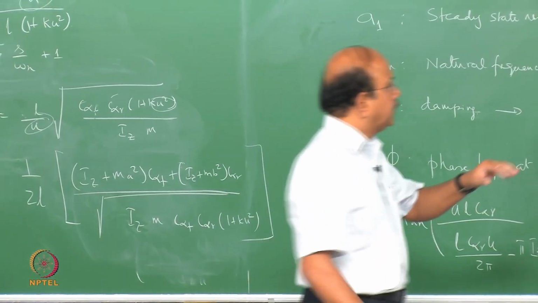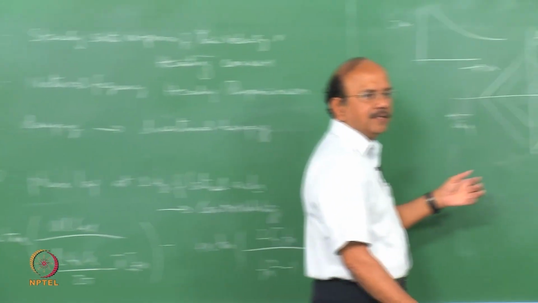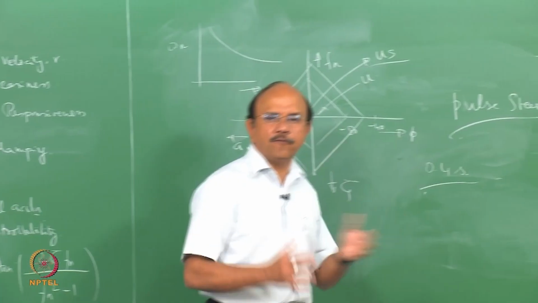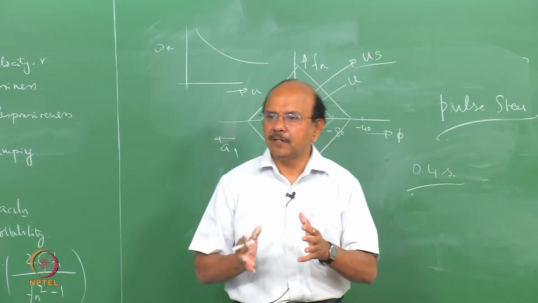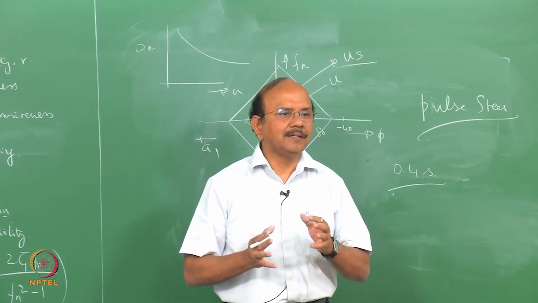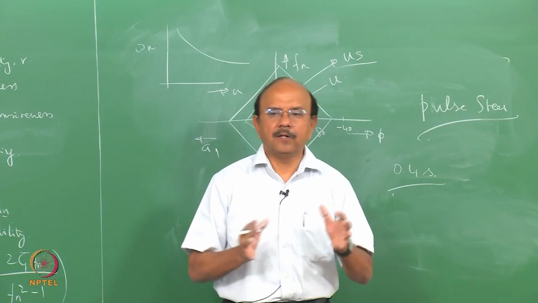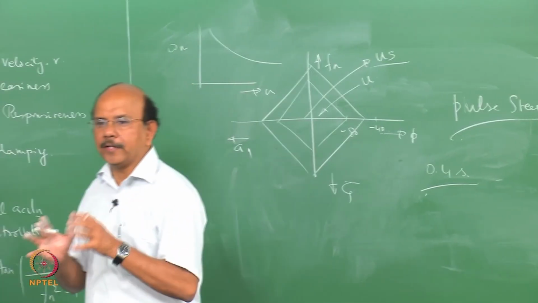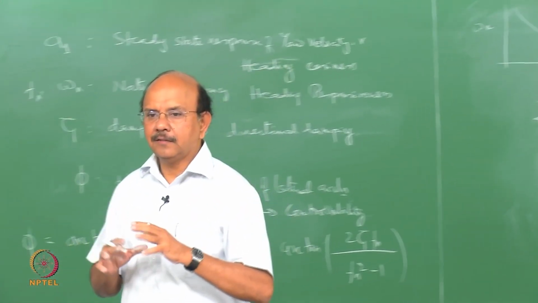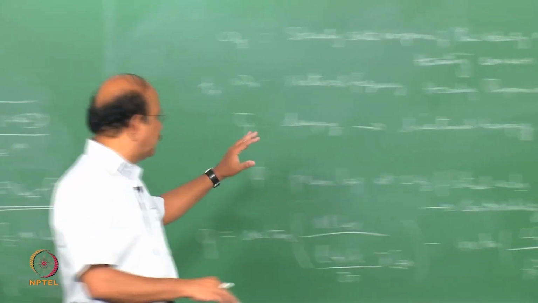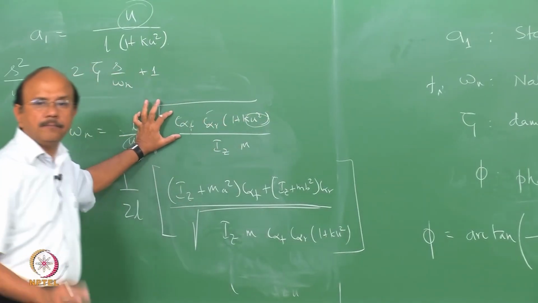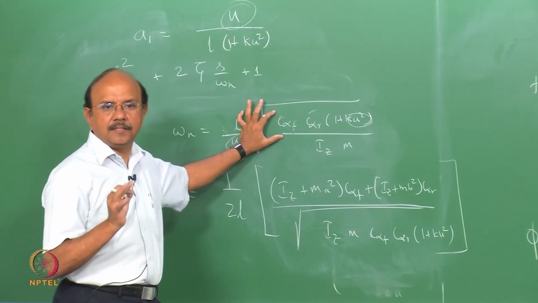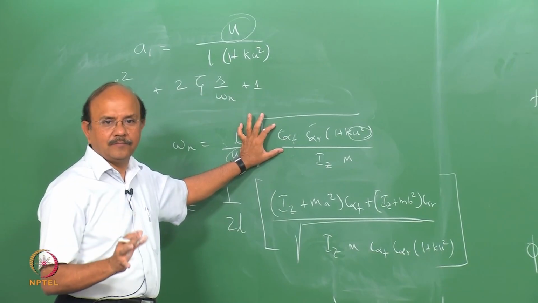He gave a pulse to the system, done in about 0.4 seconds, so that the lateral accelerations are in the order of 0.25 to 0.3, so that the assumption we made regarding the tires, that they are linear, is valid.